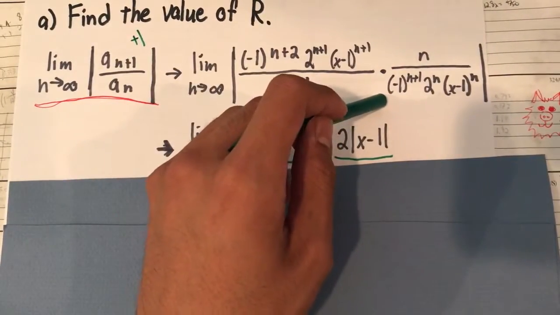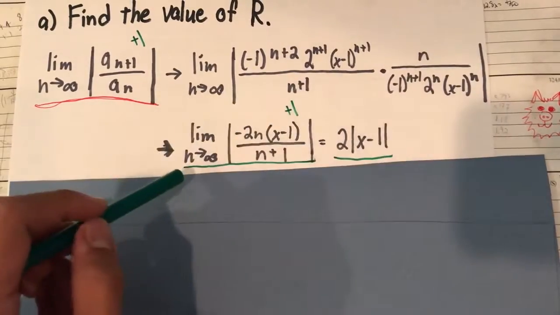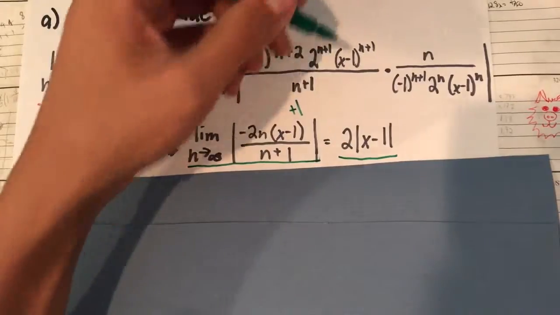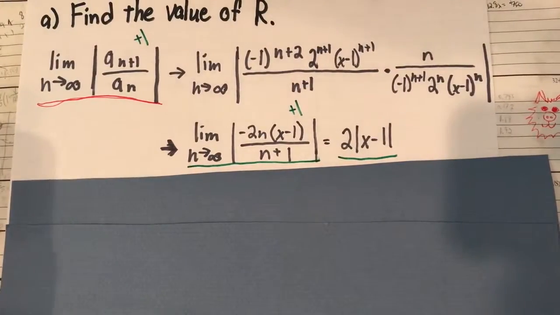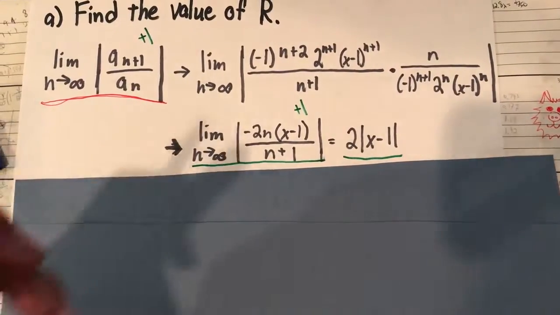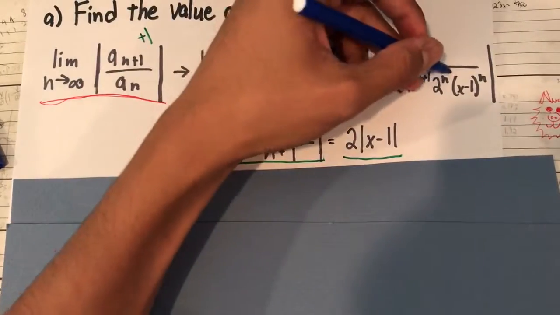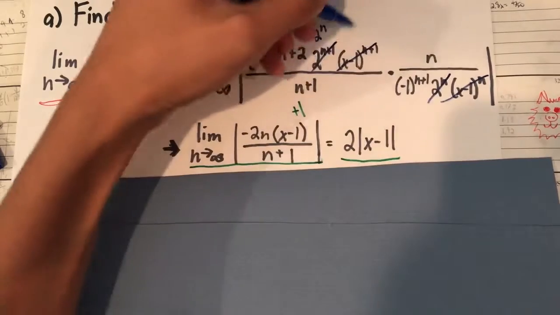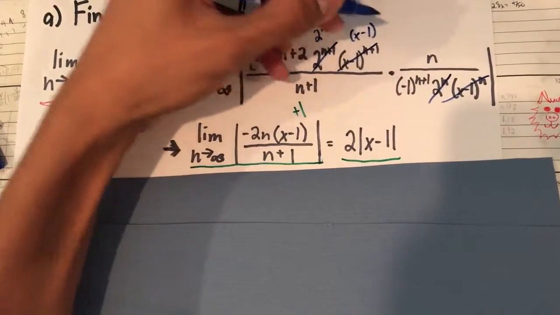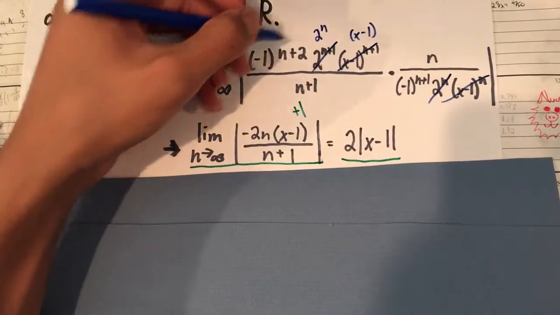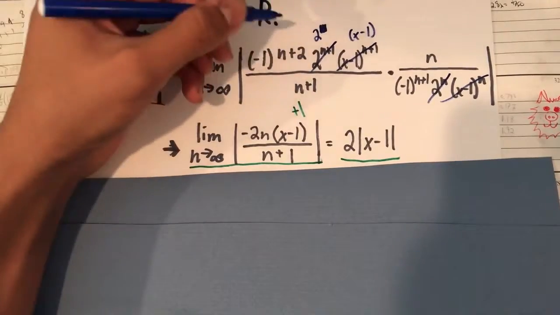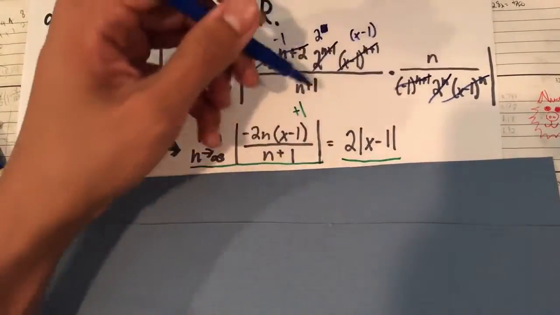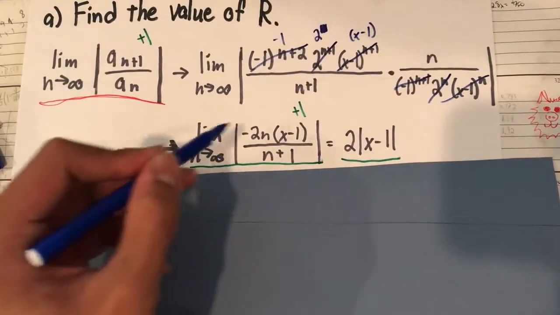Then you divide it by the original function, and once you simplify, these cancel out and leave you with 2n. These cancel out, leaving just x minus 1. Oh, sorry, this leaves just a 2. And then this cancels out to leave just a negative 1. And then you're left with this here.